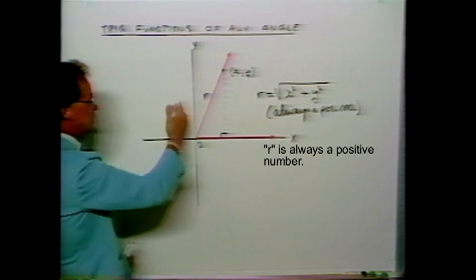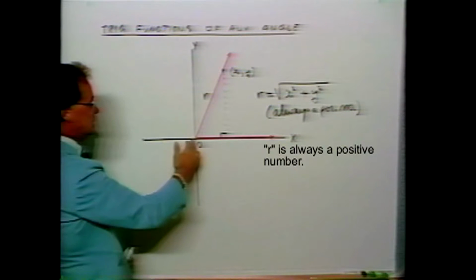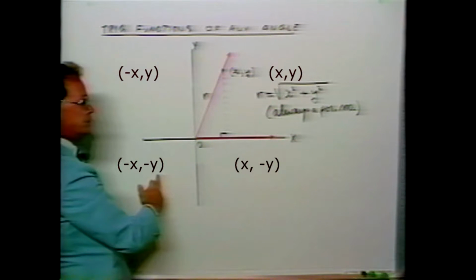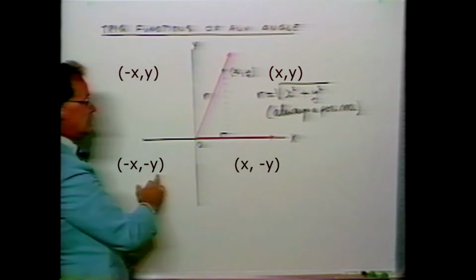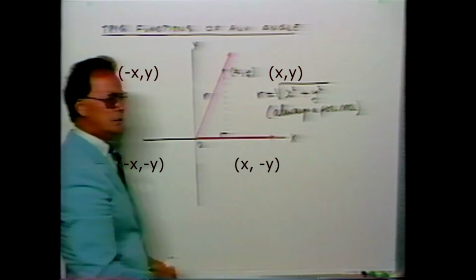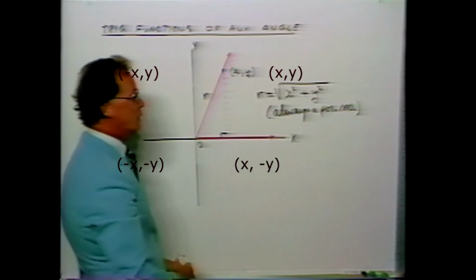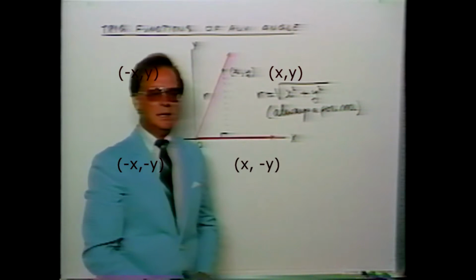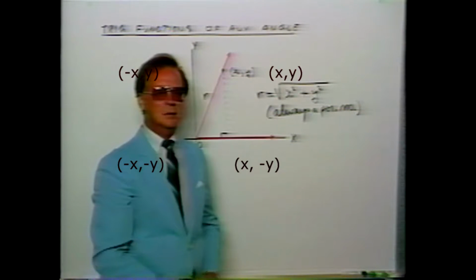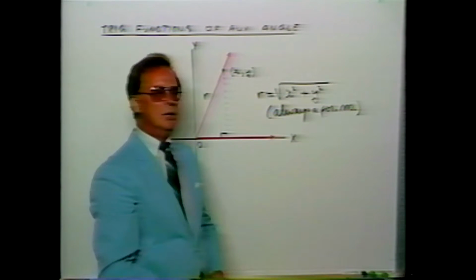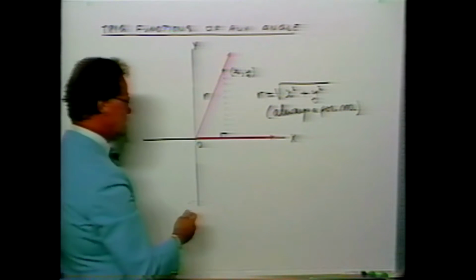If I continue the rotation and the terminal arm occurred in the third quadrant, then both x and y would be negative, and finally in the fourth quadrant, y would be negative and x would be positive. So x and y can be positive or negative depending on which quadrant the terminal arm is located.